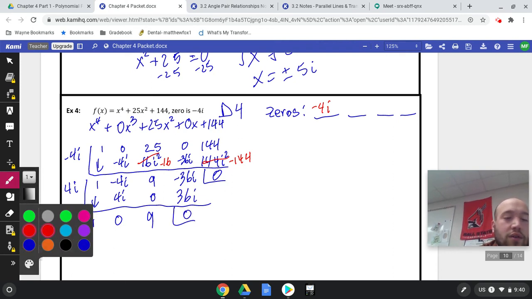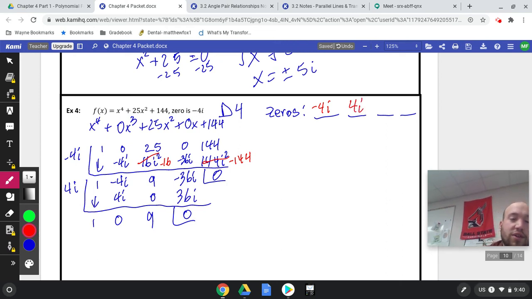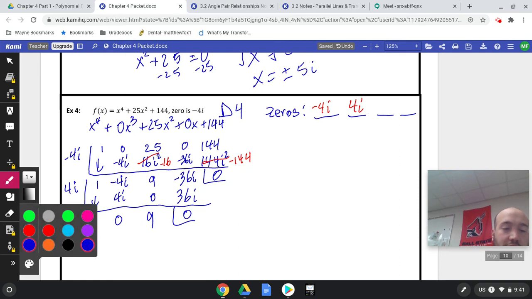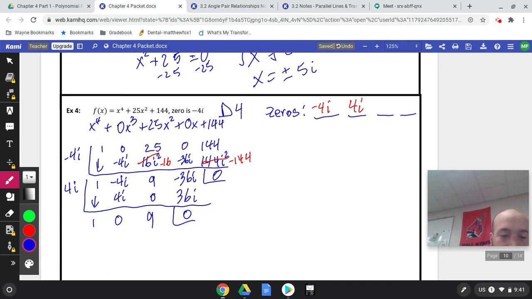And we're almost done. The final thing we need to do is write the depressed equation. So remember, we've done synthetic division twice, so that tells us that this leading term will be an x to the 2nd. And so we know that it's going to be x to the 2nd plus 9, the 0x.